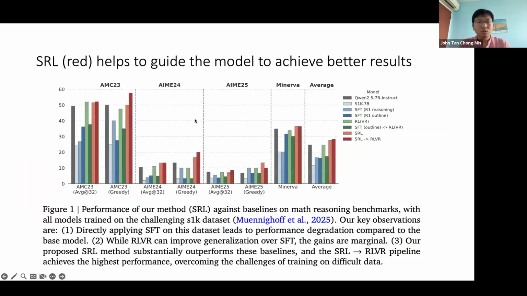Okay, let's move on. So these are the results. They tested it on some math datasets and other datasets, and also some programming datasets. You can see that this is the baseline model in gray, the Qwen 2.5 7B Instruct.